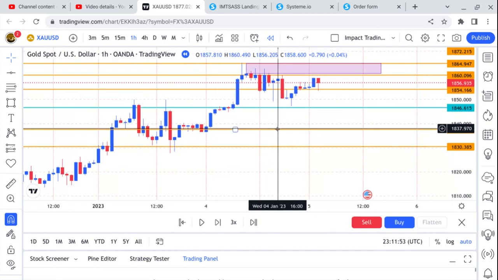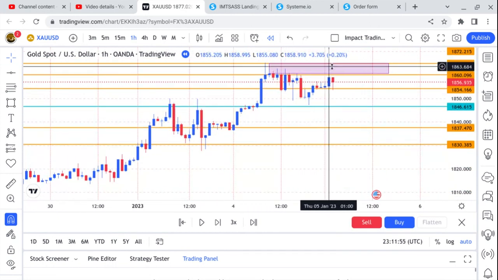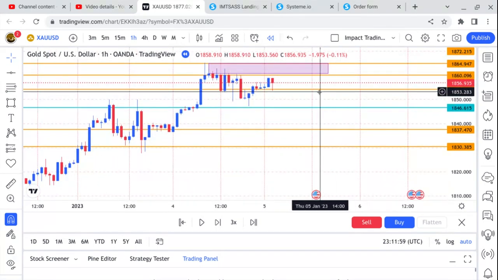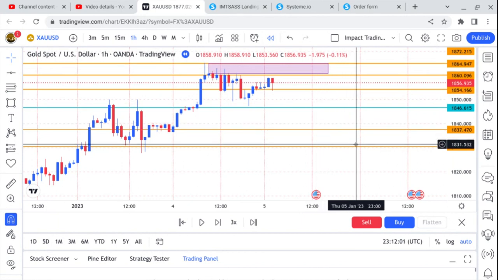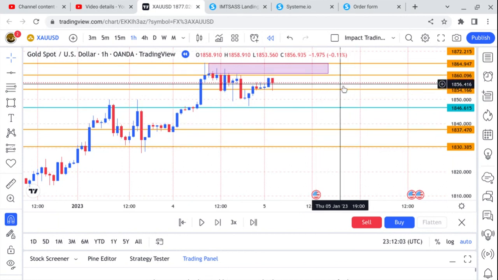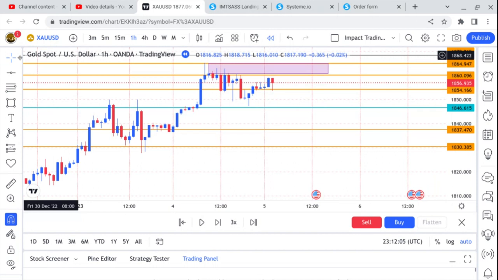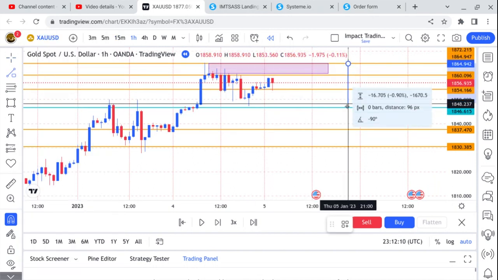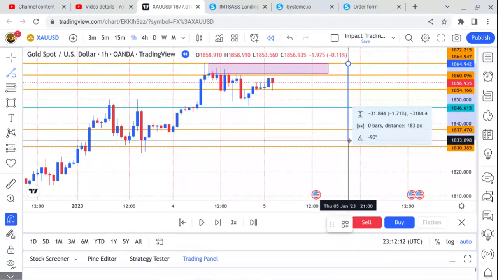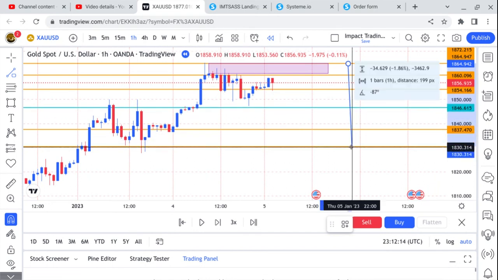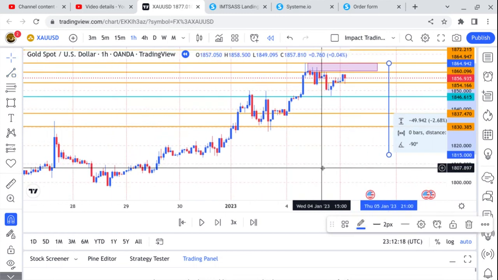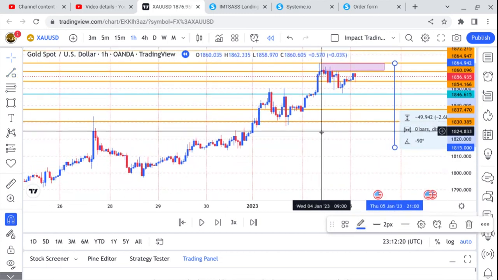For swing traders, you would be holding this trade for a day or so, expecting price to come down to this level, to this level. So for swing traders, you would be looking for price to decrease 2,000 to possibly 4,500. Swing traders would follow price to these levels.